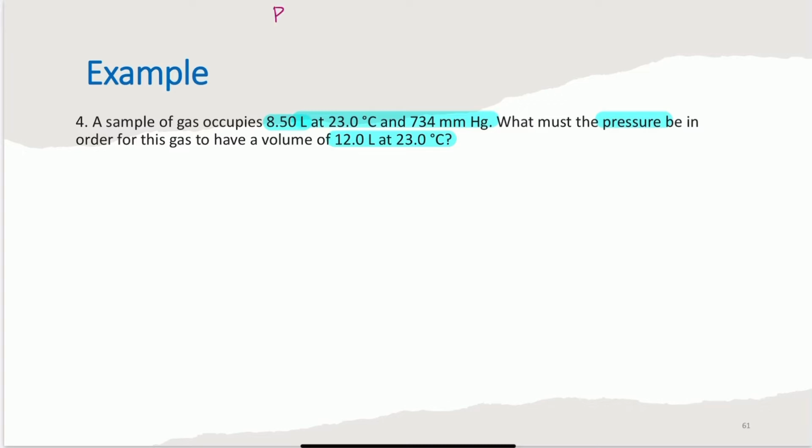Again, I don't really remember the combined gas law. I remember PV equals nRT. I solve for R, PV over nT under one condition. R is going to be the same under the second condition. Like R is a constant. So P2V2 over n2T2. These have to equal each other.